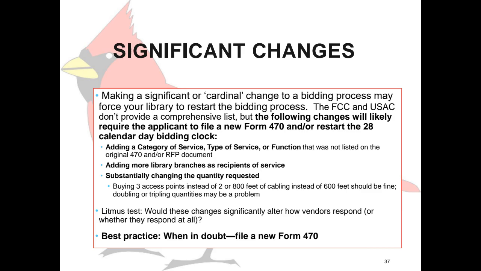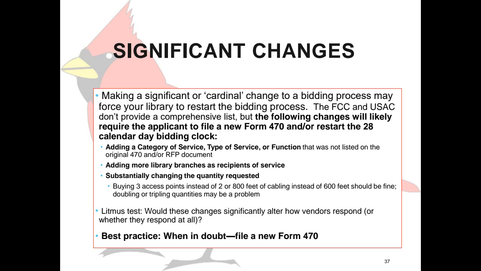change it. So basically, a significant change is where maybe you upload an addendum to the Form 470 and you're asking for additional things or providing additional information that would influence how a vendor would respond or whether or not they would respond. So that would be adding on additional functionality.